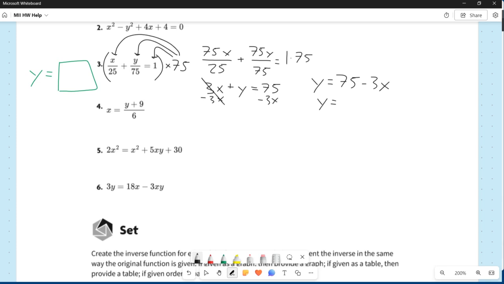It's still negative because you're subtracting. I just changed my order. Both of these are obviously correct. I think this version is just better because it resembles slope-intercept form. But again, if you put y equals 75 minus 3x, it's certainly not wrong, and I think for the context of this assignment, it's fine.